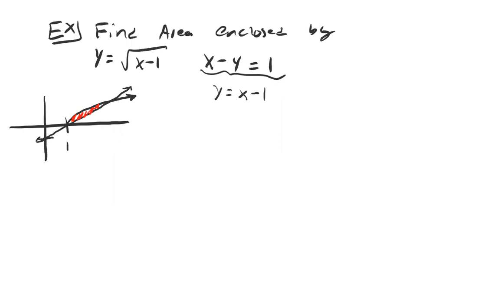So really what we're going to do, just to break it down into steps, is the integral from a to b, top minus bottom, dx. So you can already see what our top function is. Our top function is the square root, the first one I drew, and the bottom is the line then.